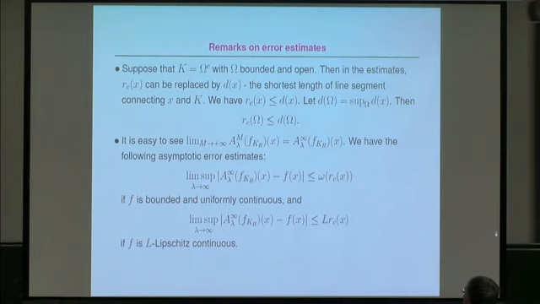So this RC, in the case of inpainting, if we define d(x) to be the shortest length of the line segment connecting x and K, that's the bridge from one side of the bank to the other. This is the shortest distance. We call it d. This is bigger than RC.